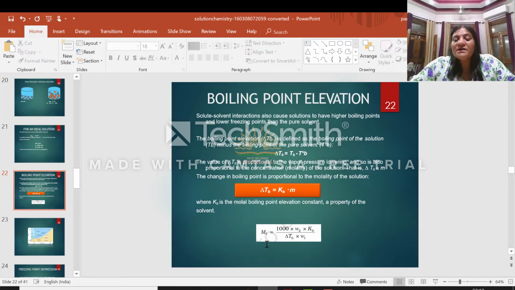The boiling point elevation delta Tb is defined as the boiling point of the solution Tb minus the boiling point of the pure solvent T0B.